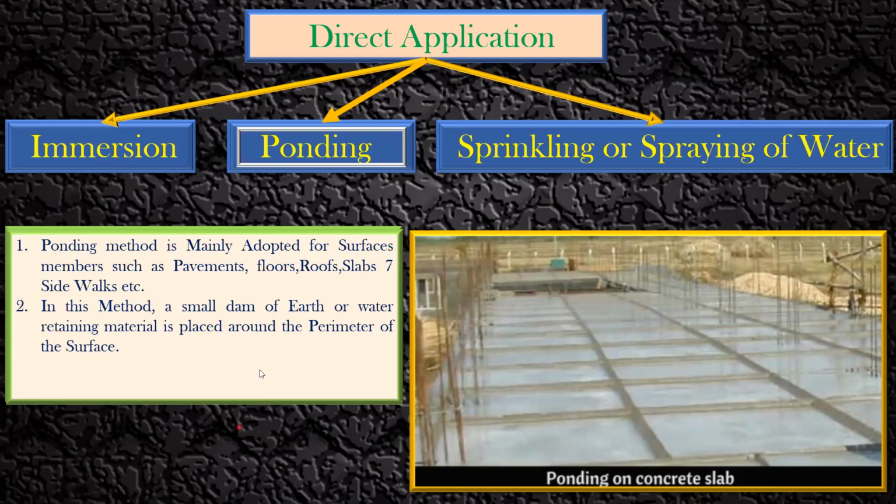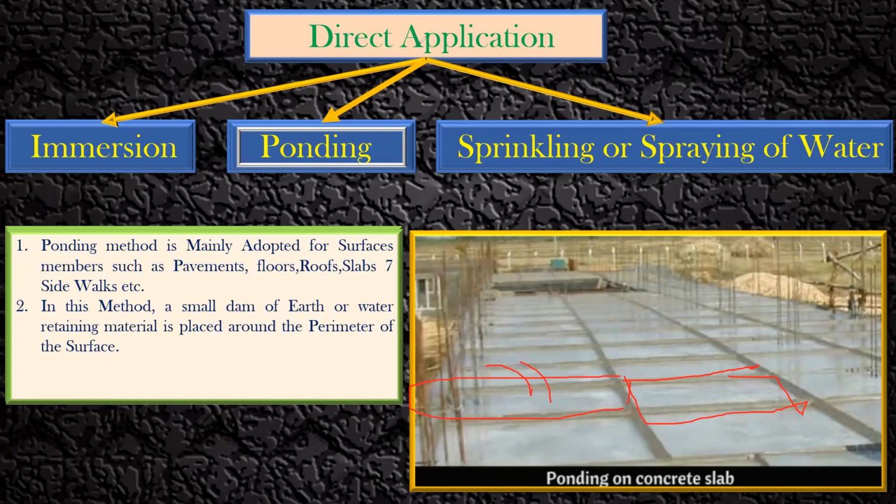This is a slab they have cast. Since it is a huge area, you cannot directly lay the water or directly sprinkle the water over it. You have to create a small bund with the help of cement paste, cement and sand. With that mortar, we can create small bunds in this way. These are the bunds they have created, and now if you store the water, it is going to stay for a very long time.